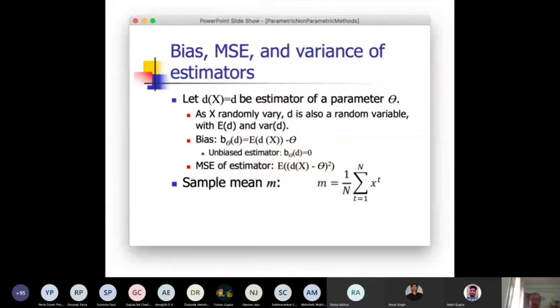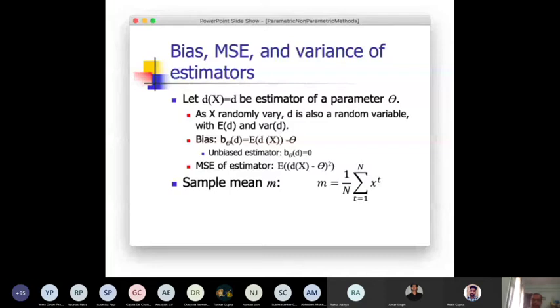Now let us consider the sample mean of a set of observations. Say you are trying to get the mean of the observations, which means that in a random variable, the interpretation of mean on the experiments, if you extend it in a probabilistic sense, is that the mean of that distribution is the expectation of that distribution.